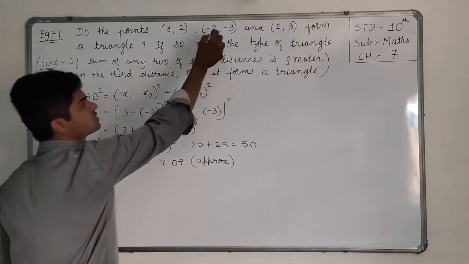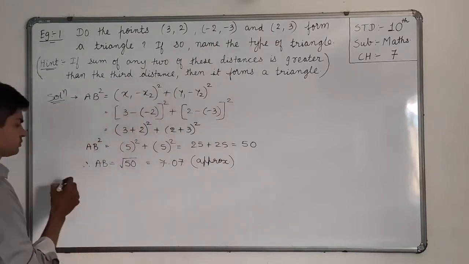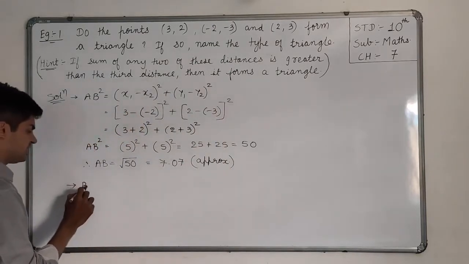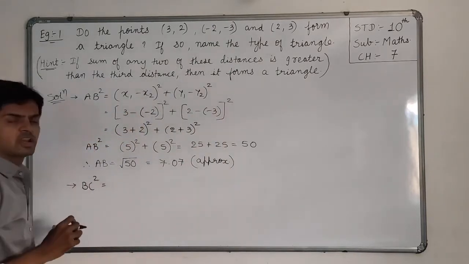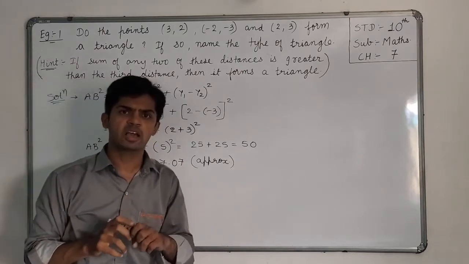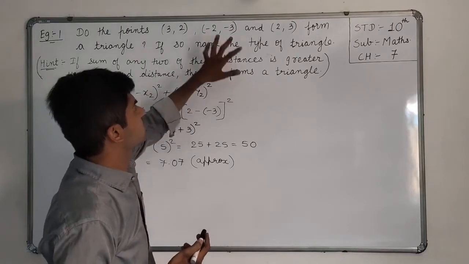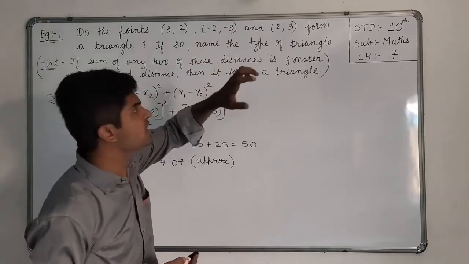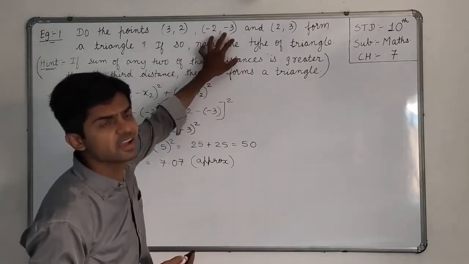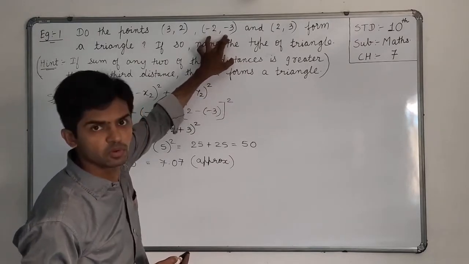It means distance between B and C. So BC square. Okay, now BC square की फॉर्मूला क्या होगी? फॉर्मूला आप अपने हिसाब से बना लो. B के coordinates क्या है? x2 y2. ओके.